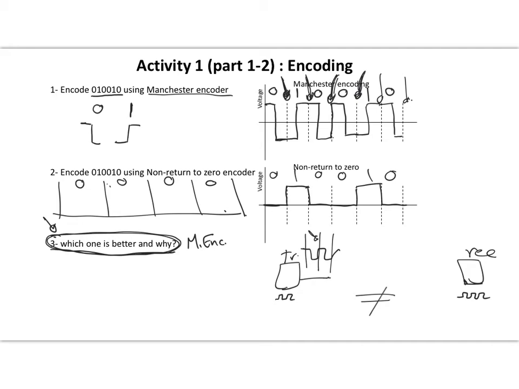Each one of them is 0, which simply means that if you use non-return to zero, the signal that has been sent from the transmitter to the receiver looks like this. It's 0 all the way. Very simple. It's a 0 signal, fixed signal. That's it. Okay, what is the problem with this?